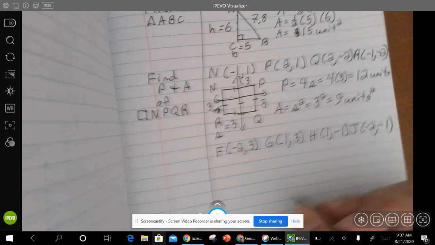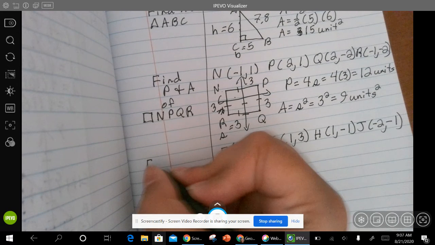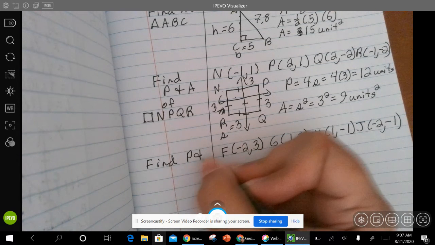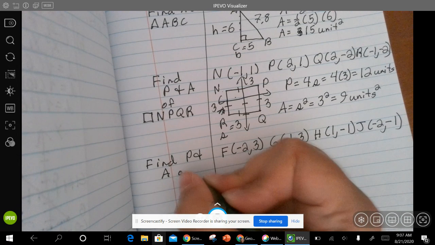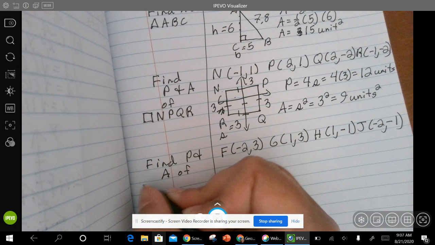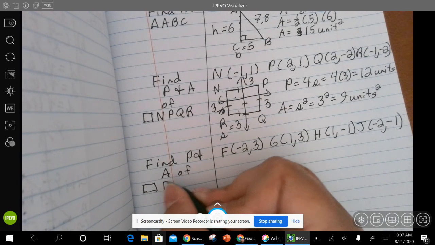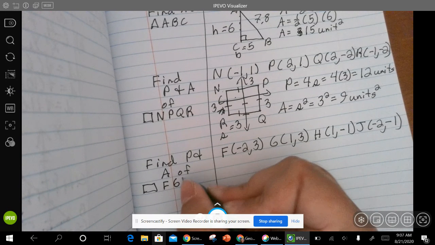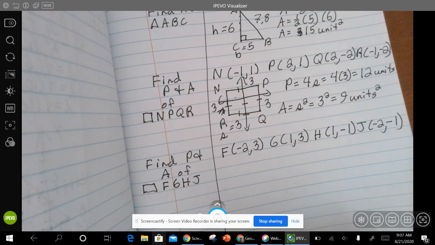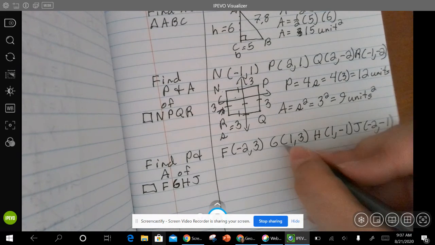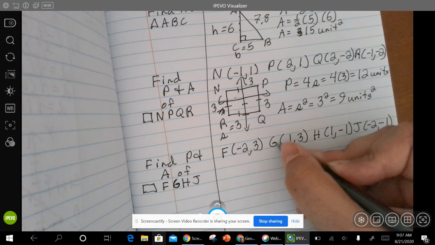And we are going to find the perimeter and area of the rectangle F, G, H, J. Okay, that's a G, not a 6. Okay, so I'm going to tell that's a G.